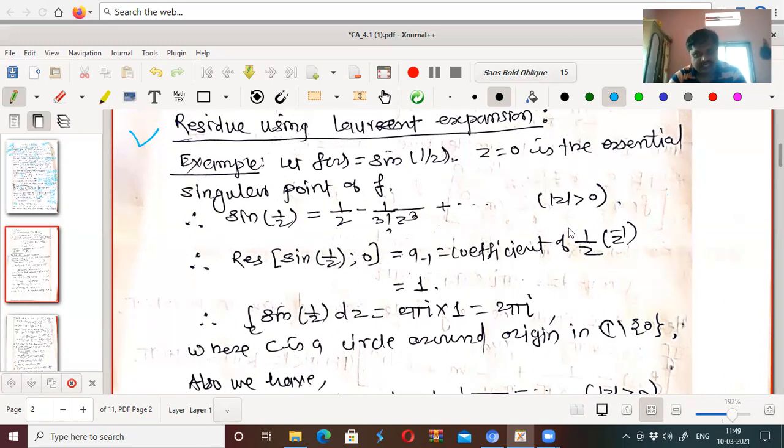And if an infinite number of terms in the principal part are there, then the point z equal to z0 is an essential singularity. That is the use of Laurent series expansion to obtain singularities.